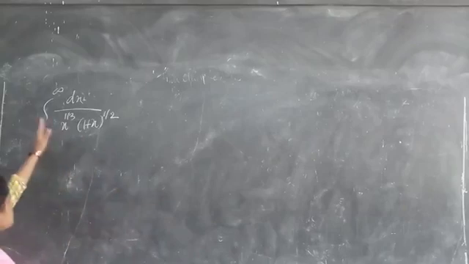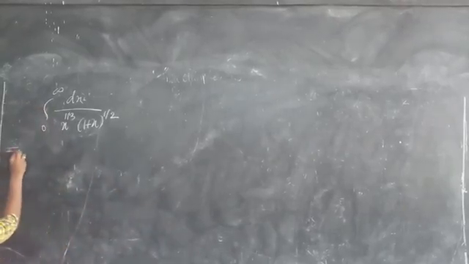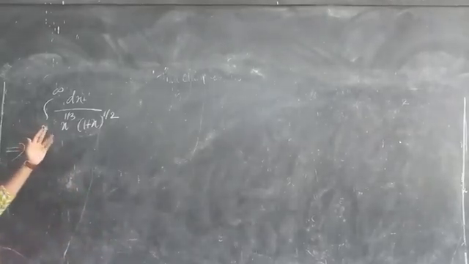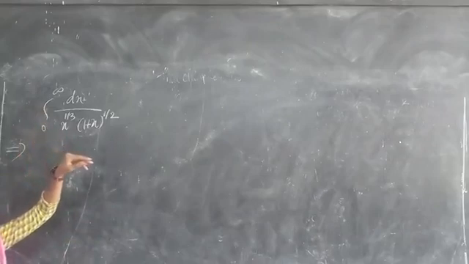Again it is 0 to infinity, so what we have to do? We have to split this integral, because if we put 0 there will be a discontinuity, and for infinity again there will be a discontinuity.